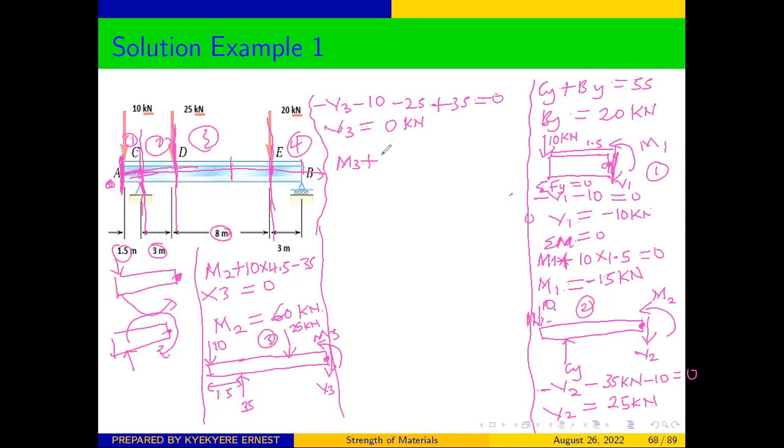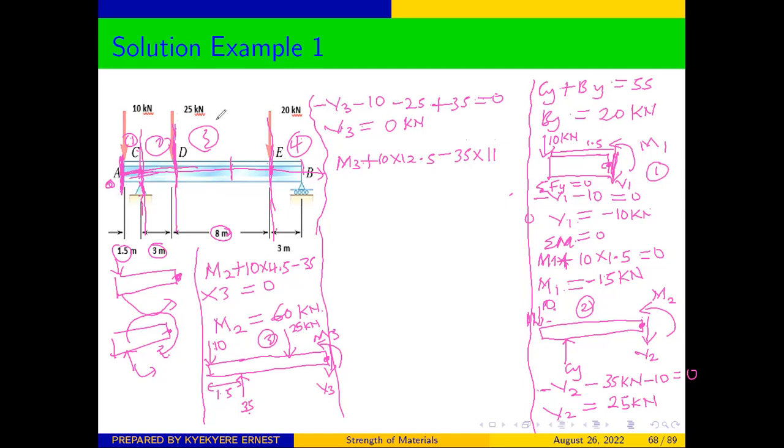So we have 10 times 12.5, but it is going to rotate the object in the clockwise direction. So positive, minus, now we have the CY, which is also 35. It is going to rotate in the clockwise direction. So minus 35 times the distance to where we are taking the moment from CY, which is 8 plus 3, which is 11.